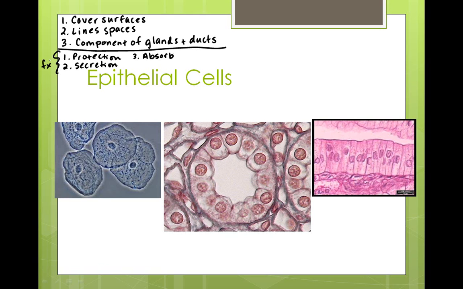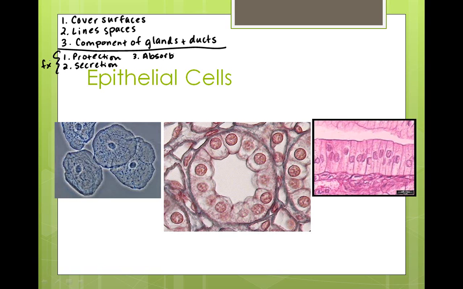Now, you can classify epithelial tissue in numerous ways, but there are 2 basic things that you need to figure out first. Number 1, you need to decide how many layers of cells there are. Number 2, you have to figure out what shape the cells are.